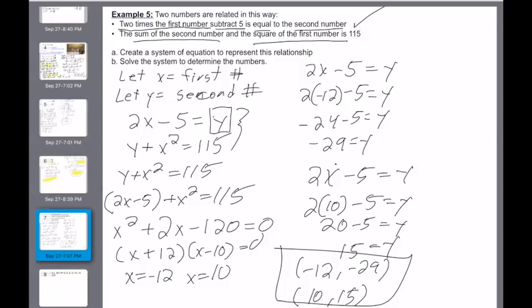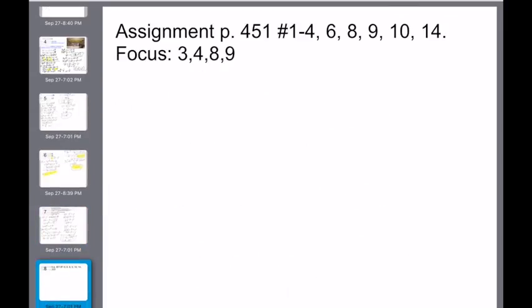Then the sum of the second number and the square of the first number is 115. If I take negative 12 squared, I get 144. I add that to negative 29 and I get 115. And then if I take 10 squared and add that to 15, I also get 115. So that rule works, so we know that we are good with these solutions.